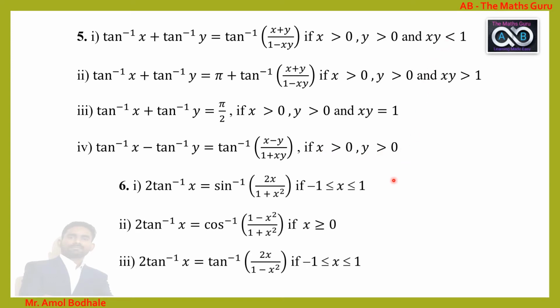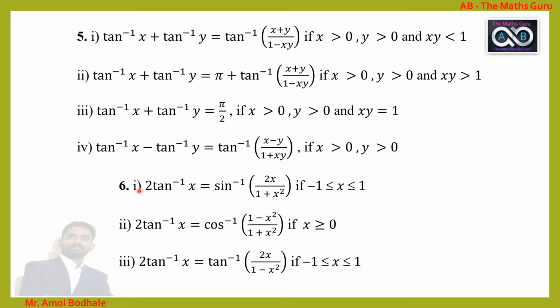The next property, 2 times tan inverse of x is equal to sin inverse of 2x upon (1 plus x square) when x lies between -1 and 1. 2 times tan inverse of x is equal to cos inverse of (1 minus x square) upon (1 plus x square) when x is greater than or equal to 0. 2 times tan inverse of x equal to tan inverse of 2x upon (1 minus x square) when x lies between -1 and 1.